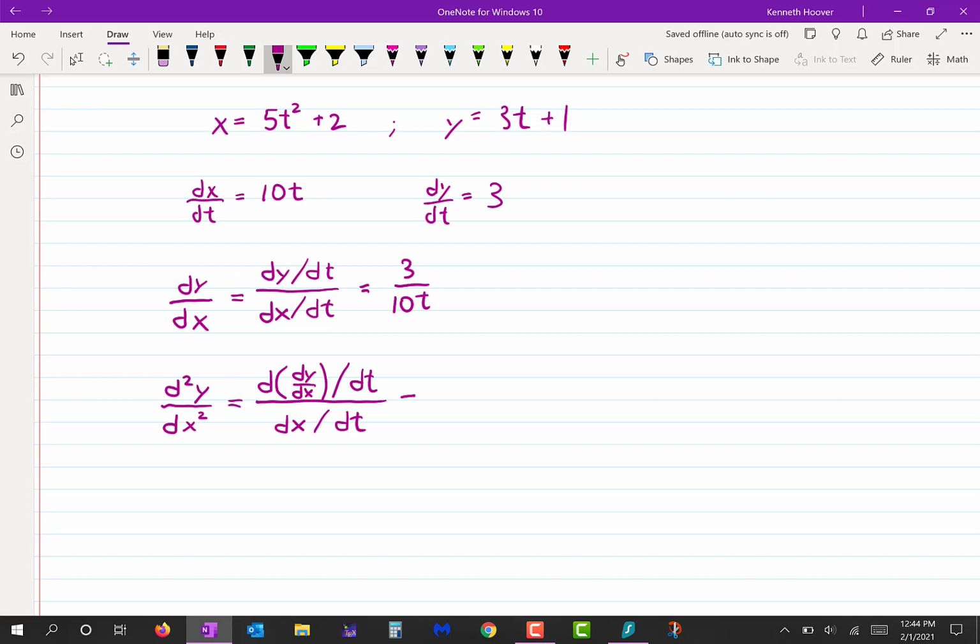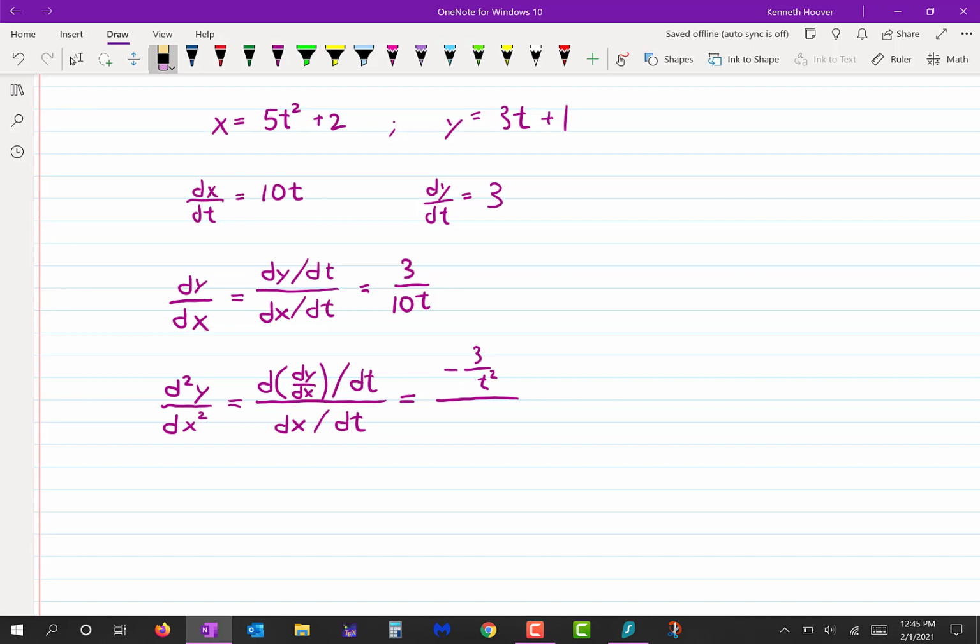Okay? So what is the derivative of 3 over 10t with respect to t? Well, remember, that's the same thing as 3/10 times t to the negative 1. So the derivative will be negative 3/10 times t to the negative 2, right? So in other words, it'll be negative 3 over 10t squared.